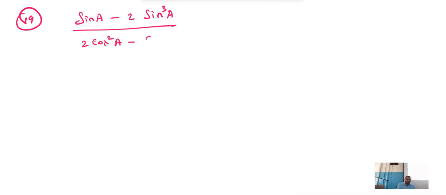Prove that sin A minus 2 sin cube A divided by 2 cos square A minus cos A is equal to tan A.